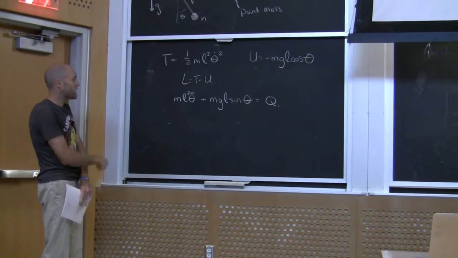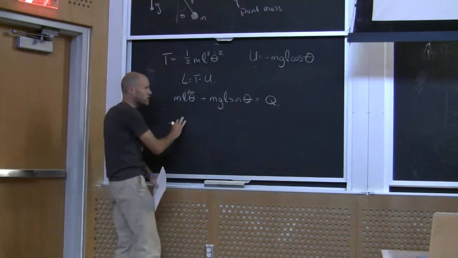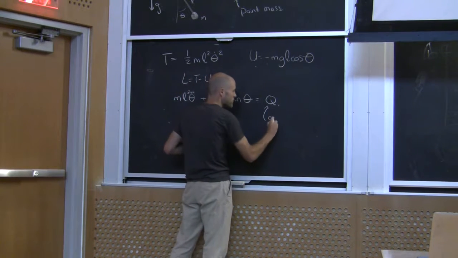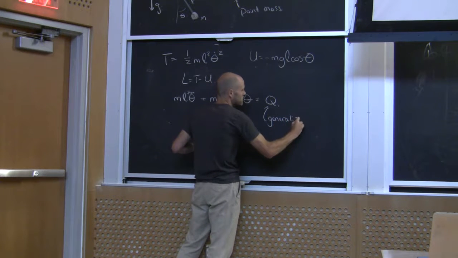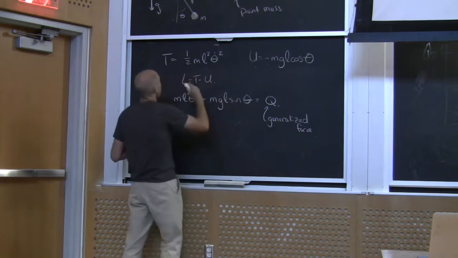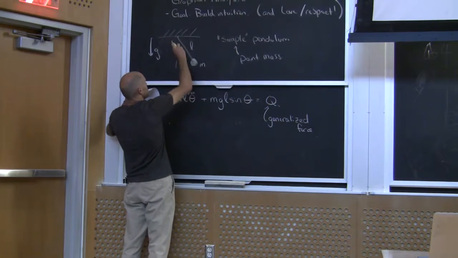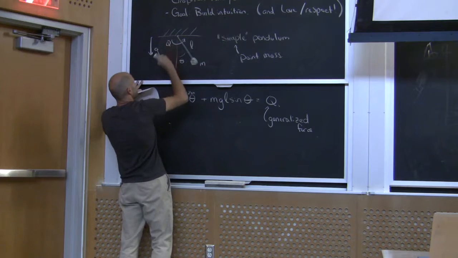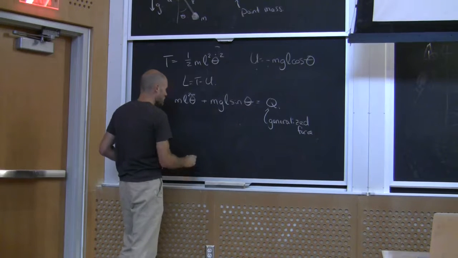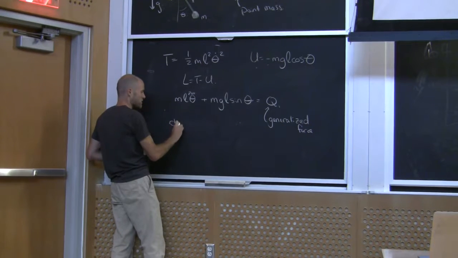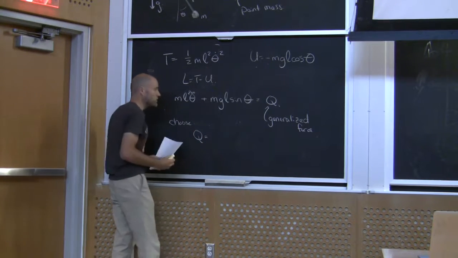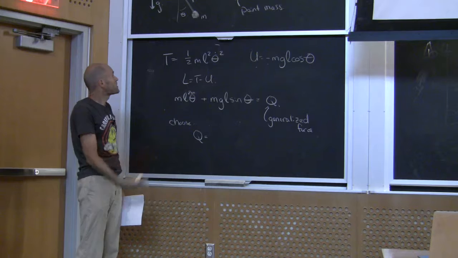so there's a lot of things we could potentially do, but let's take our generalized force. This is the generalized force. It means the force in the generalized coordinates. So in this case, it's a torque at the base, really. I wrote it as Q. I'd often write it as tau, okay? So let's choose, for today, a couple things to model with Q. We'll choose Q to be some resistance due to damping.